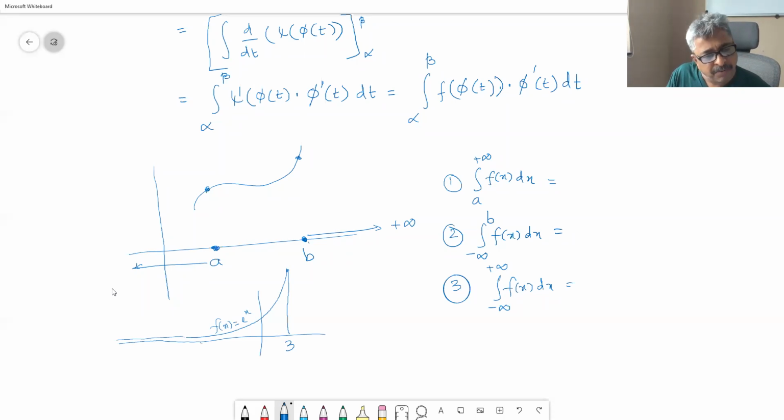So is it possible to find out this area under the curve? Will it be really infinite or finite? Will that limit exist or not? If it exists, then we are interested. If it does not, then okay, we are not interested.